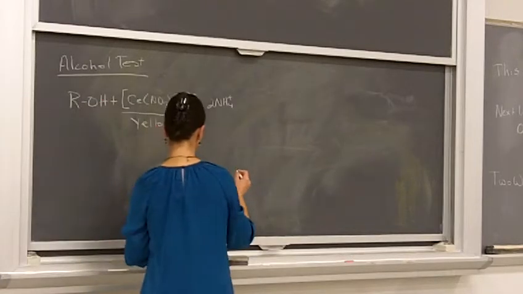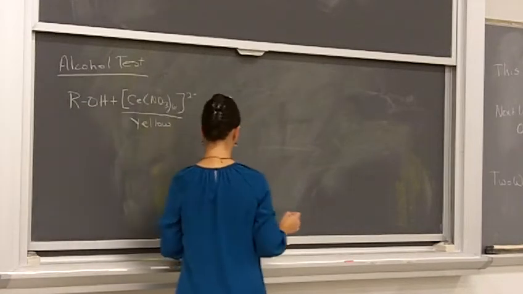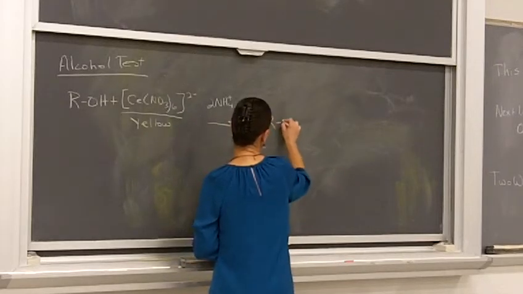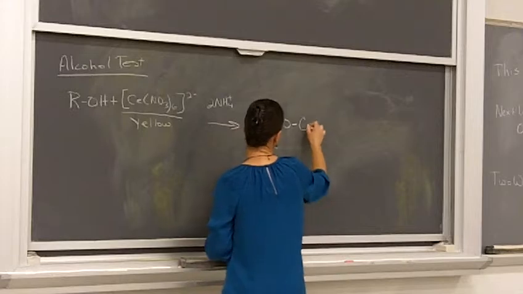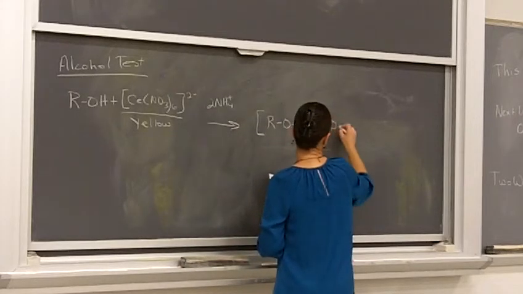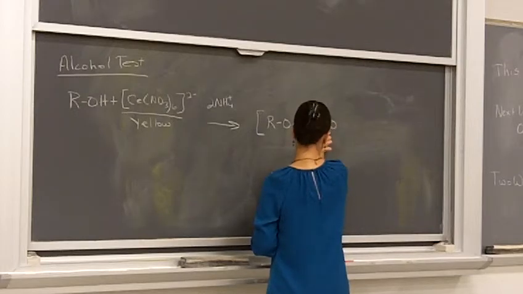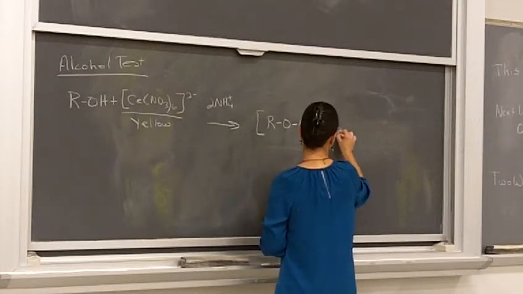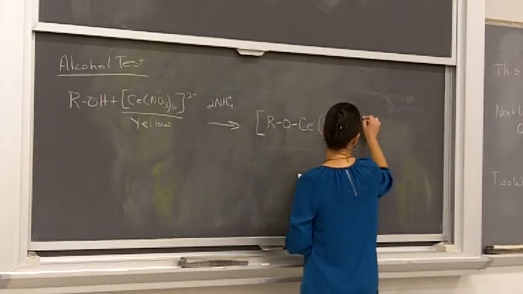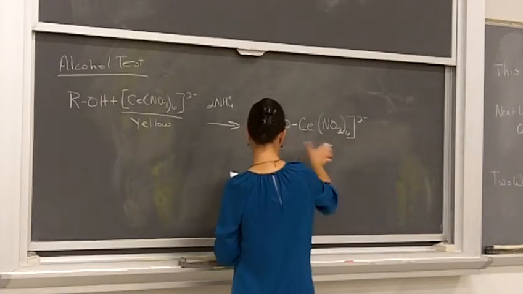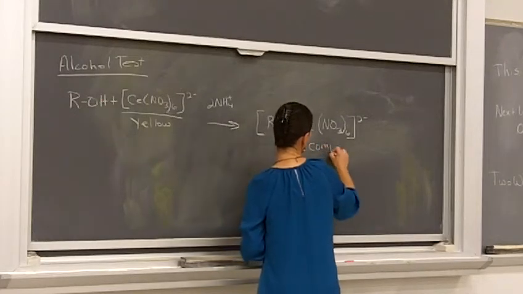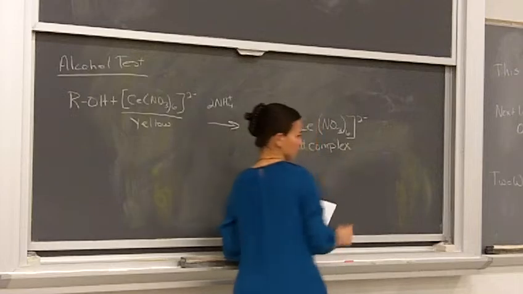When you react it with an alcohol, you get this complexation of the R group from the alcohol, here's the oxygen from the alcohol, and it reacts with this part of our ferric ammonium nitrate, and we get this. This complex then becomes red. There's not a precipitate that's formed, it just turns colors, okay?